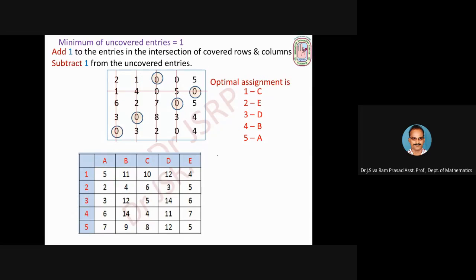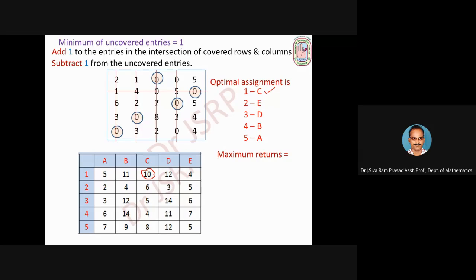Now what is the maximum return? Maximum return means profit. From the original matrix we have to consider the corresponding entries. The first assignment is 1 to C, the corresponding return is 10 rupees.